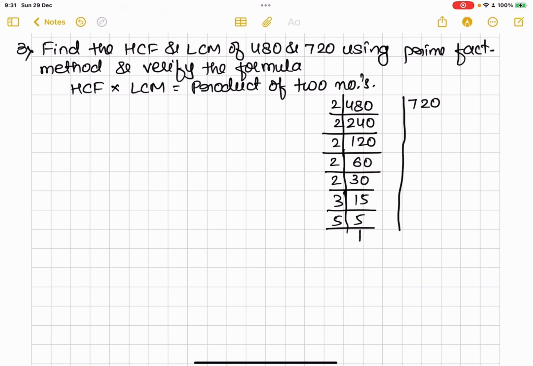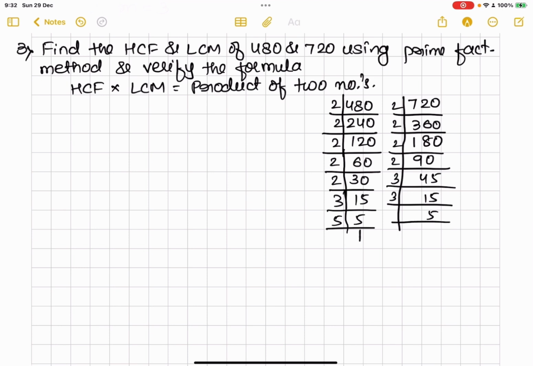And the other one is 720. So 2, 360, again 2, so 180, 2, 90, 2, 45, 3, 15, 3, 5 and 5, 1.